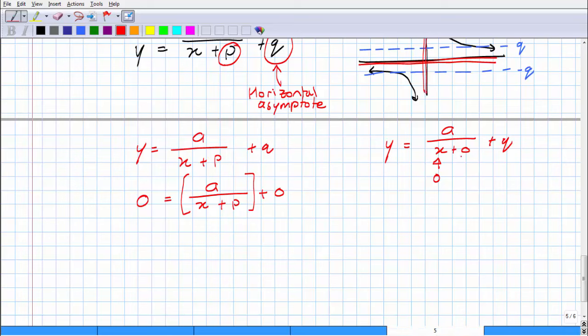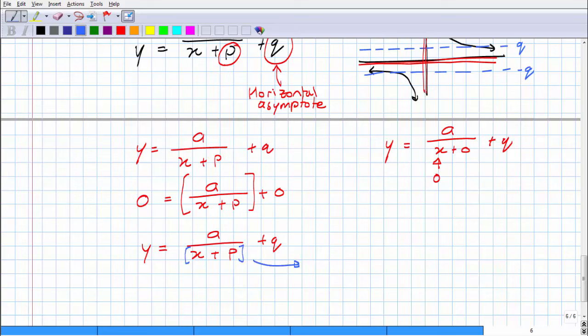But now we've shifted it, so we have y equals a divided by x plus p. And what that tells us is that if this bottom piece is equal to 0, in other words, x plus p equals 0, then x must equal negative p for it to be divided by 0. So if we want to divide this by 0, x must equal negative p.